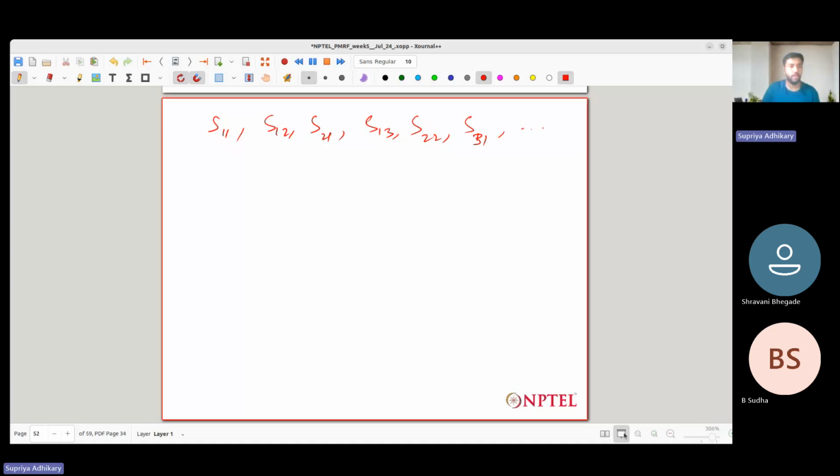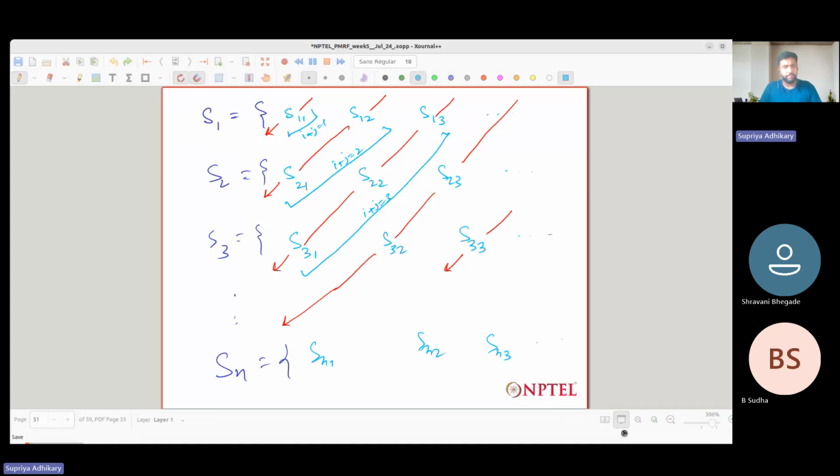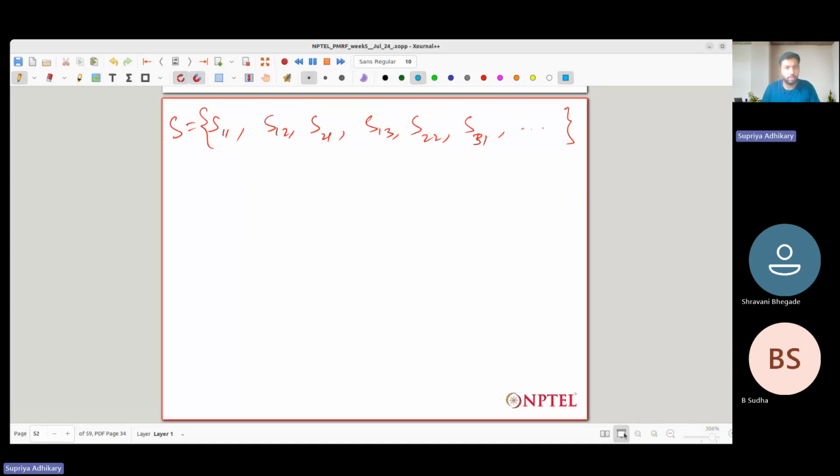You can enumerate all the elements of S in this way. This is exactly the same as saying that first we enumerate all the elements with i plus j equal to 1, then i plus j equal to 2, then i plus j equal to 3, and so on. So basically we are taking these diagonals. All the elements of S can be enumerated in this way. Therefore we can say that S is countable.